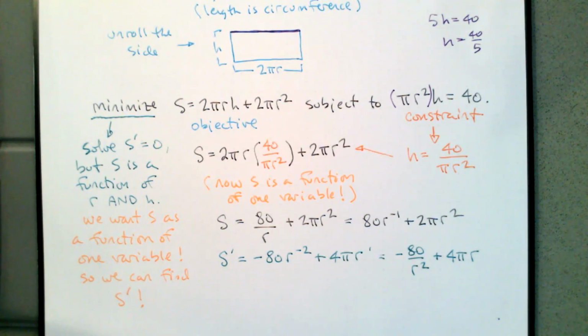And on the right, you wrote down pi r squared times h equals 40. That is the volume, right? That's the volume. Oh, so you solve the volume for h to get it to one variable. Got it. Thanks.